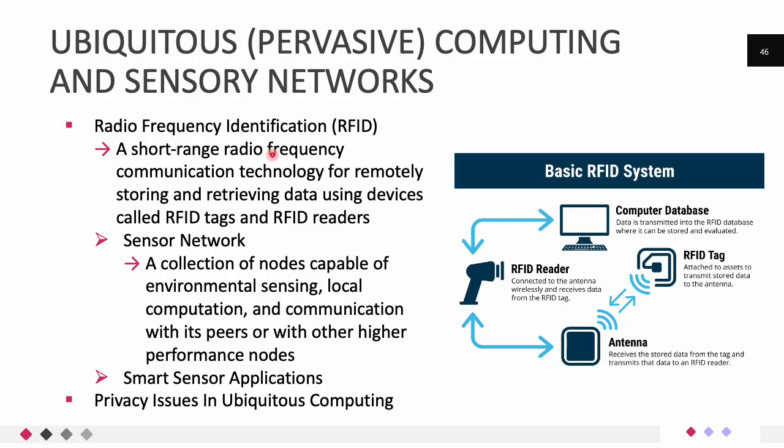Now, imagine a network of many tiny devices that can do more than just hold data. A sensor network is made of small sensing nodes that can feel things in the environment, like temperature, light, and motion, do a little computing, and then wirelessly share that information with each other. So it's like giving the environment a nervous system.